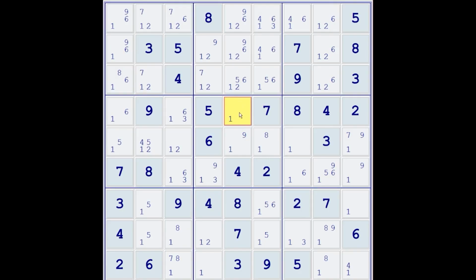That means that if the 3 can't be here, because of this 3 here, and if the 8 can't be in this cell, because of this 8 here, and if the 9 can't be there because of this 9, then only the number 1 can be there, even though it can also be in the other 3. But since none of the other 3 candidates can be here, that is the only candidate. That is why this technique is called naked singles. It is the only candidate that can occupy that place. So we can place the 1 with no problem at all.